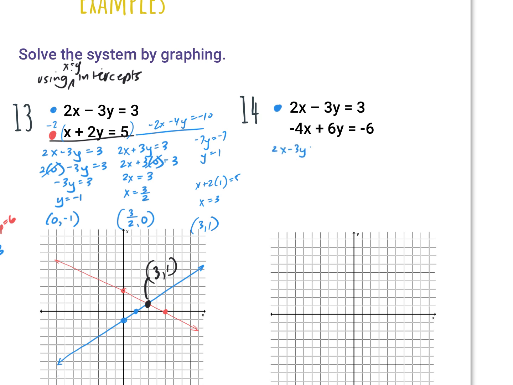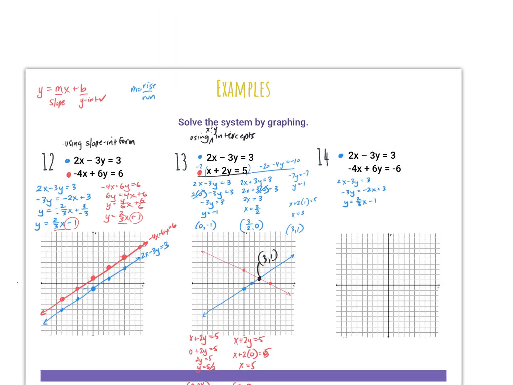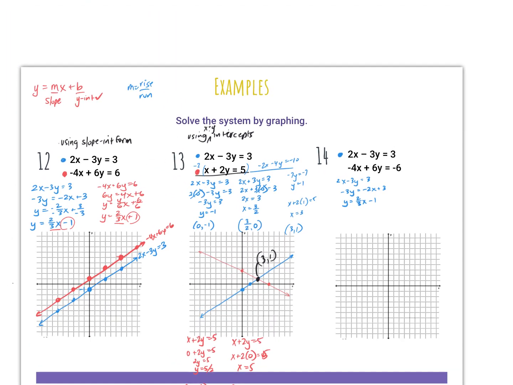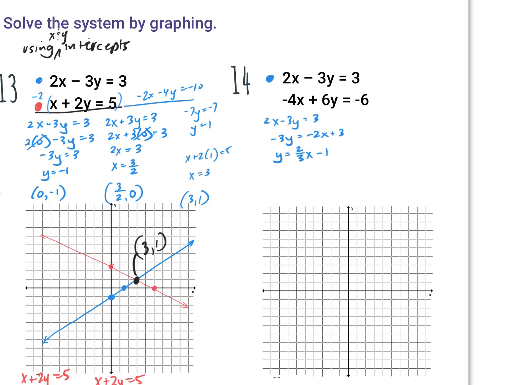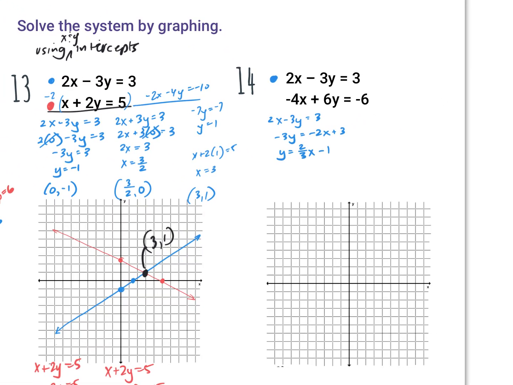2x minus 3y equals 3, minus 3y equals -2x plus 3, and y equals 2/3 x minus 1. So I got that one. Is that the same equation every time? Oh, I think it's the same example. Oh, it's almost the same as the first example, actually. Okay, so again, I'm going to start at -1, and my slope is 2/3.